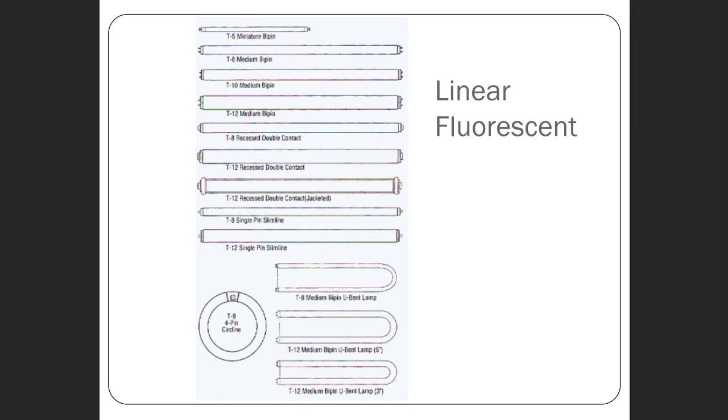That number 8 is in eighths of an inch, so a T8 linear fluorescent lamp has a 1-inch diameter. If we were sitting in the classroom at Triton, we would in all likelihood see 4-foot T8 fluorescent lamps in the fixtures over our heads. I think that's what you see in the library at Triton and probably lots of the other rooms.